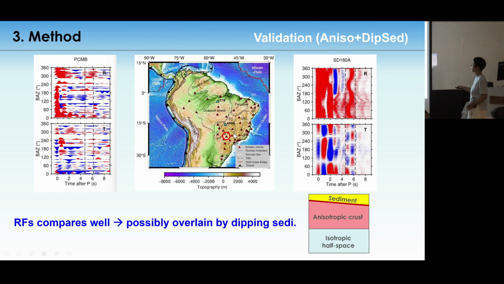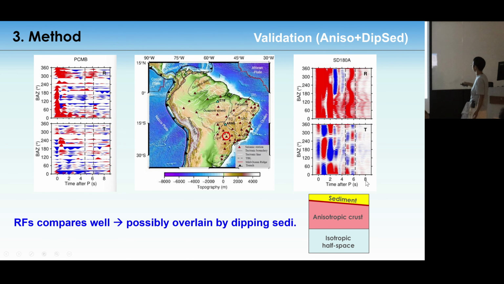As a previous study has shown that there may be sedimentary layers here, we tested several synthetic models and finally arrived at a dipping sedimentary layer above the anisotropic crust without Moho dipping, because for most of South America the Moho variation is not strong enough to make the Moho dip. So the special feature here may be caused by a dipping sedimentary layer.